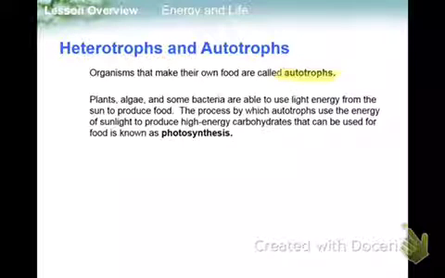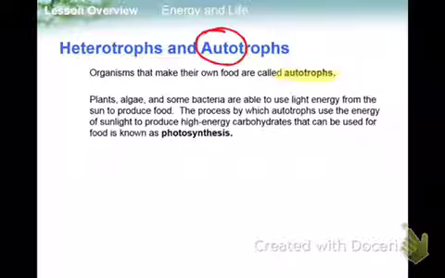Organisms that make their own food are called autotrophs. The prefix auto means by oneself. So autotrophs can make their own food. Most common examples are plants, but algae and some bacteria also can use light energy from the sun to produce food. This is called photosynthesis.